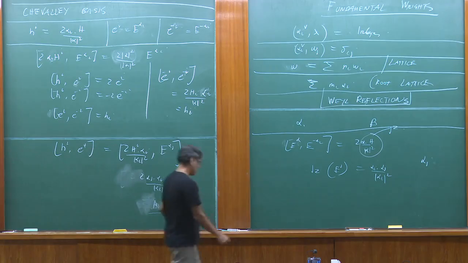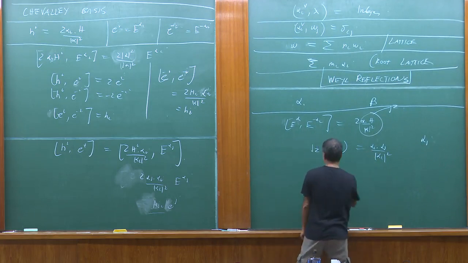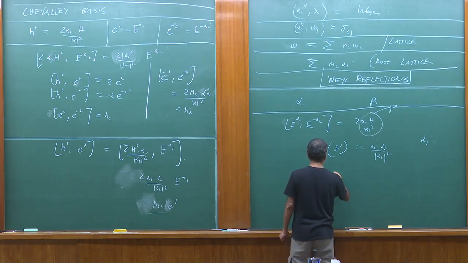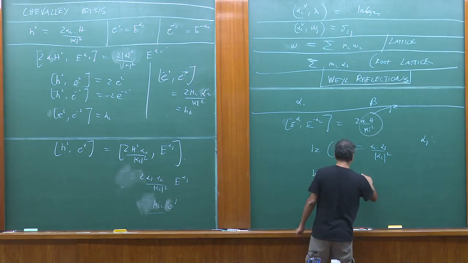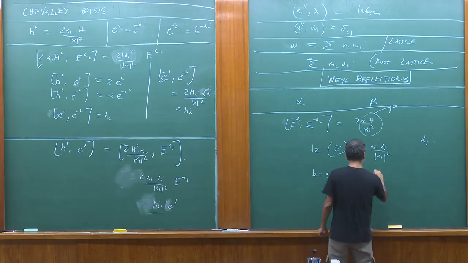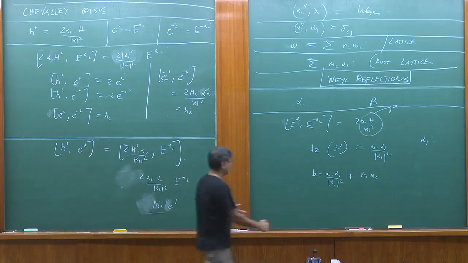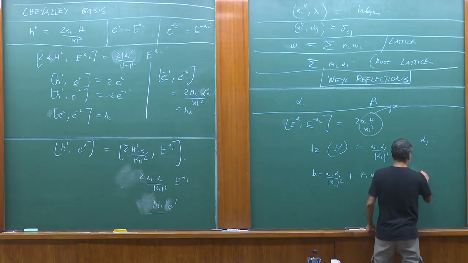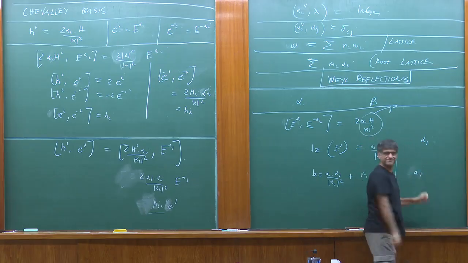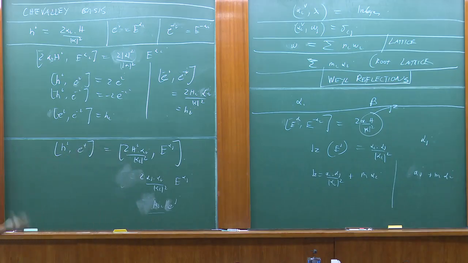Now what I want to do is take something which had this weight, Jz equals alpha_i dot alpha_j over mod alpha_i squared, and add to it some number which I don't yet know, m, times alpha_i, because I either act m times with the raising or lowering operator.